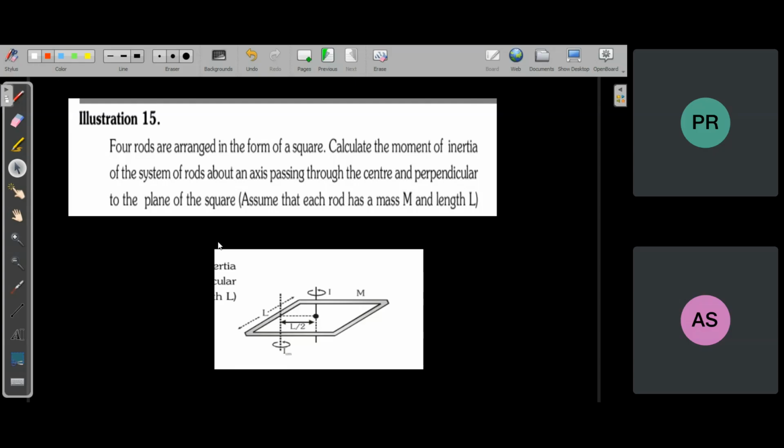So we will use the fundamental theory, but for parallel axis at a distance L by 2, it will be ml square by 12 plus m into L by 2 whole square. Which theorem are you using? The parallel axis theorem.